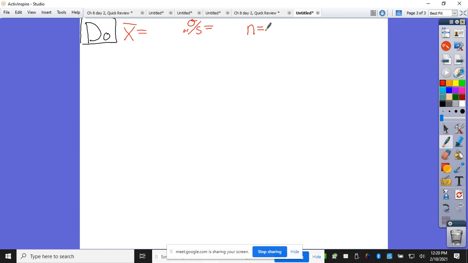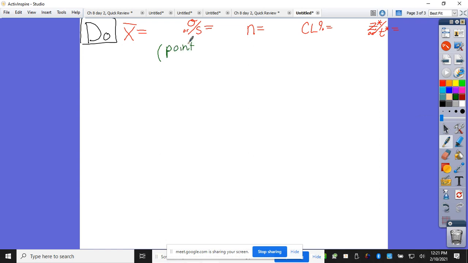And with this specific chapter, for all the problems I have to know what kind of interval I make, so I need to be given the confidence level. And I use that confidence level to find my critical value, which is either going to be a Z or a T. And then I'm writing my very generic equation that we talked about here.